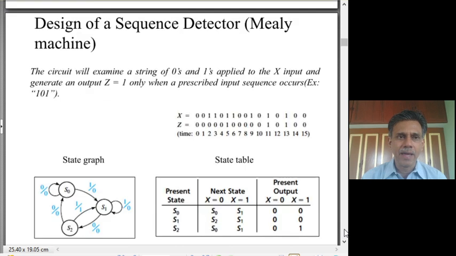We will now look at an example for the two machines, Mealy as well as Moore machines. For that we will take a classic problem that is encountered often in the design of digital systems, which is called the sequence detection problem, and the machines are therefore called sequence detectors.